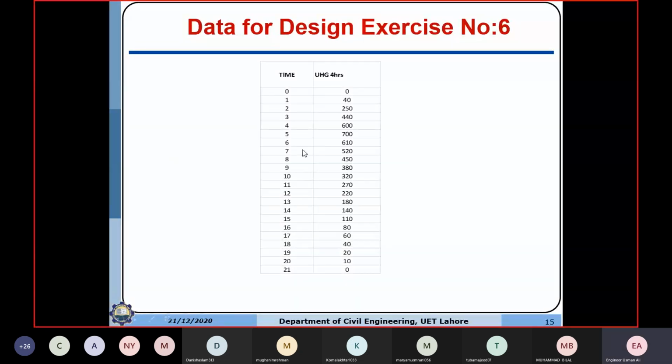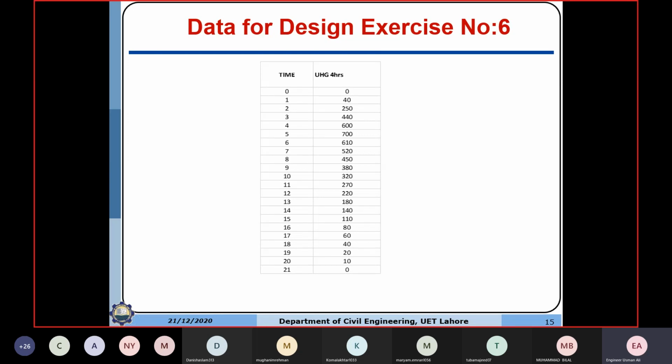These are the ordinates of the 4-hour unit hydrograph. This is the time step 0, 1, 2, 3 in hours, and correspondingly the ordinates, meaning discharge values of the unit hydrograph, are given to you. If you plot these, you will end up having the 4-hour unit hydrograph. The graph is available in the manual.